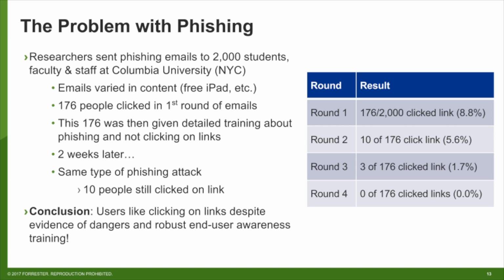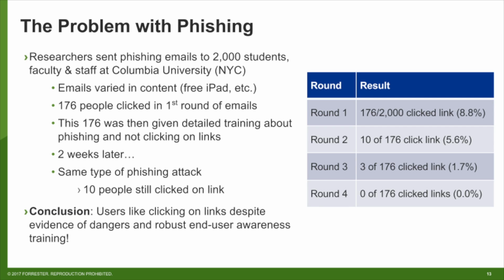So I talked a little bit about phishing here. This actually is an example from an academic study that was done a few years ago at Columbia University, where essentially they used a segment of the university as a test subject to see what was the likelihood that they would actually click on a phony phishing email. And so we see here that they took multiple rounds of remedial training to fully inoculate the staff, if you will, from clicking on links.